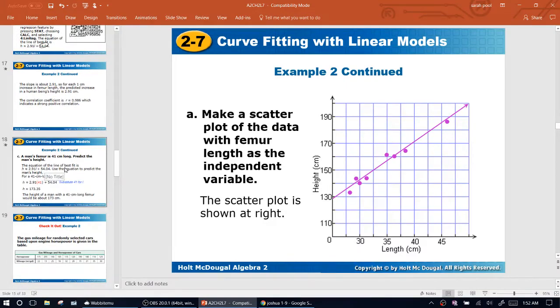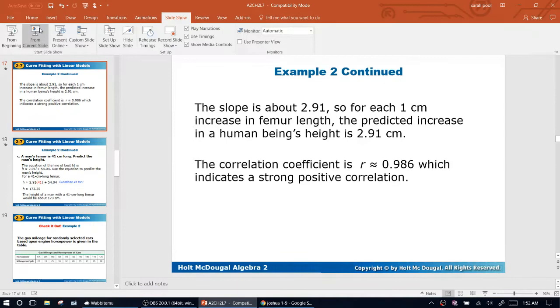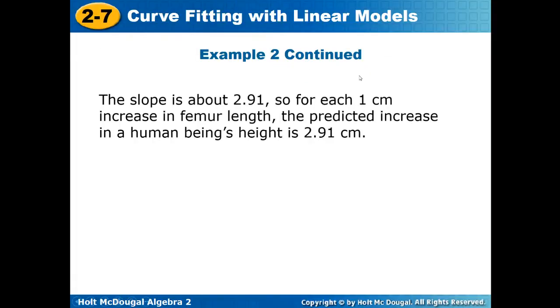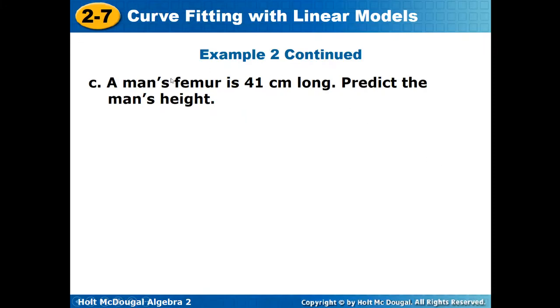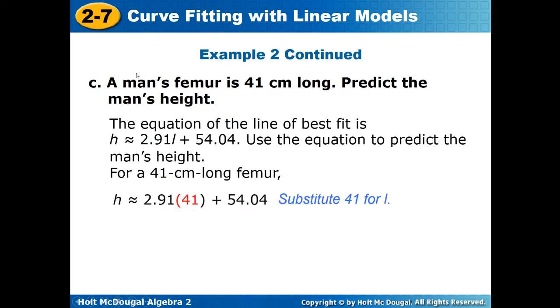All right, so we could take this information here, and we could see what a man's femur, if it is 41 centimeters long, we could predict his height by using our equation that we just found. Here's our equation.